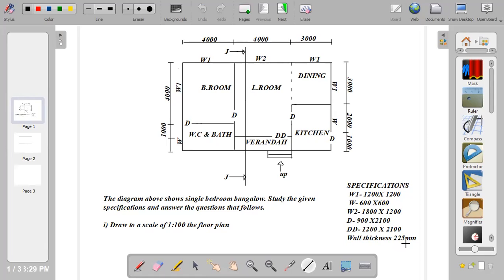That gives you 2.25. After which you divide 2.25 by 10. That is to convert it from millimeter to centimeter. So you have 0.225, which is about 0.23. So let's go back to our drawing.